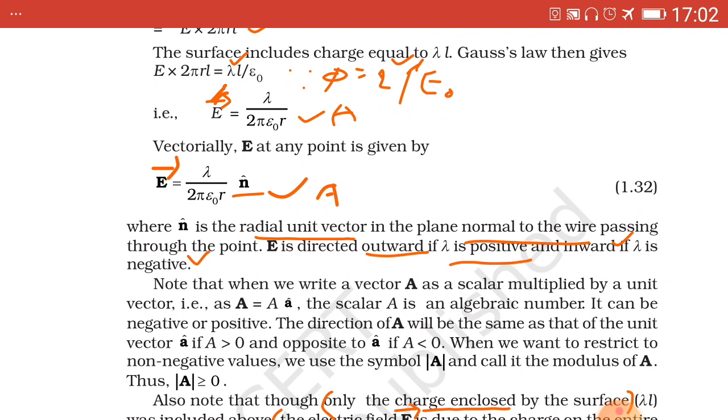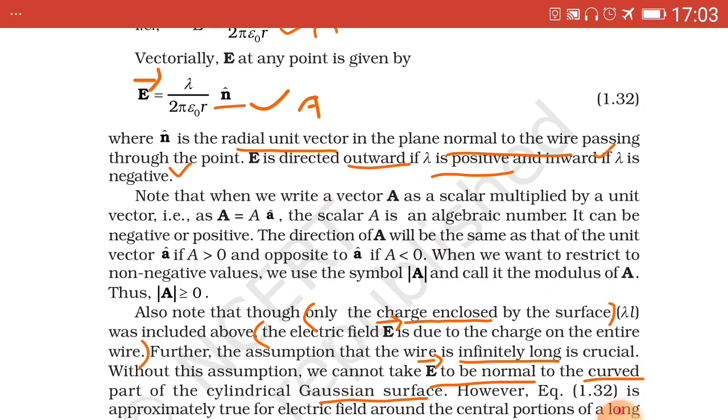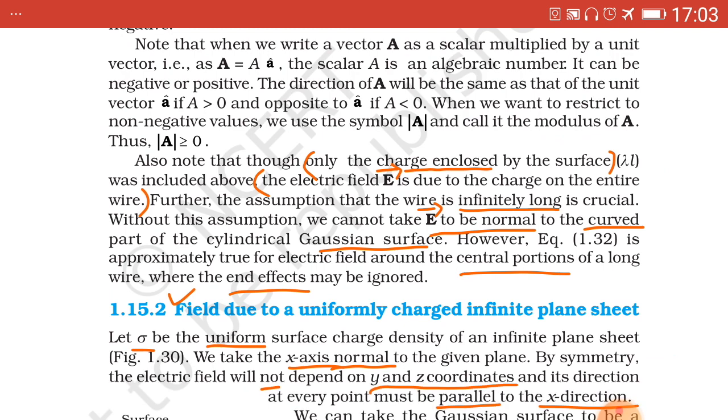Here the direction of the E vector, that is the electric field direction, is outward if lambda is positive and inward if lambda is negative. Here we have considered the charge enclosed by the surface only.